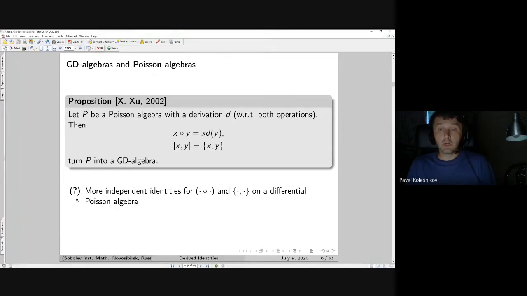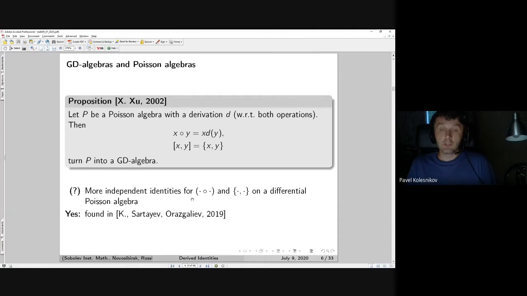What about other identities that hold for circle and bracket on a differential Poisson algebra? Are there any other identities that are not consequences of the GD algebra identities? And the answer was positive, actually.